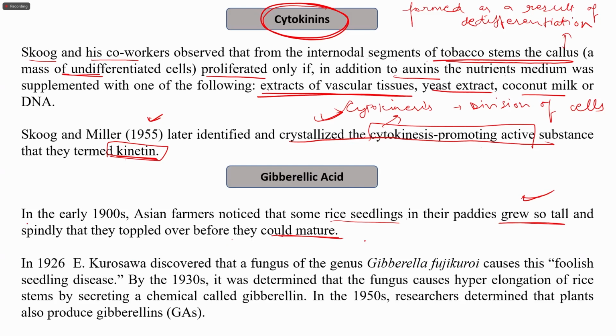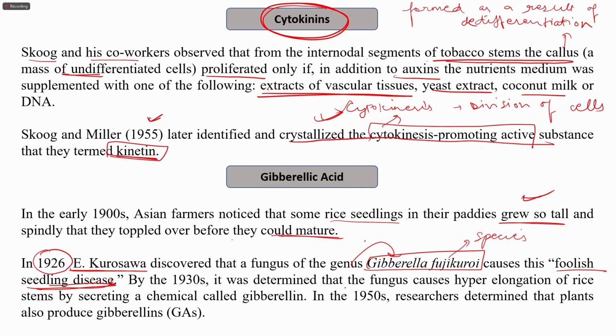In 1926, E. Kurosawa discovered that this is due to a fungal infection by the fungus Gibberella fujikuroi. The disease is known as the foolish seedling disease.